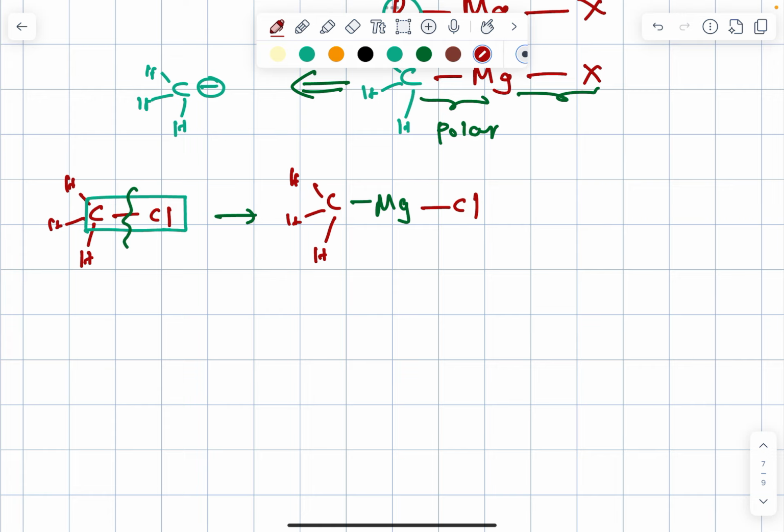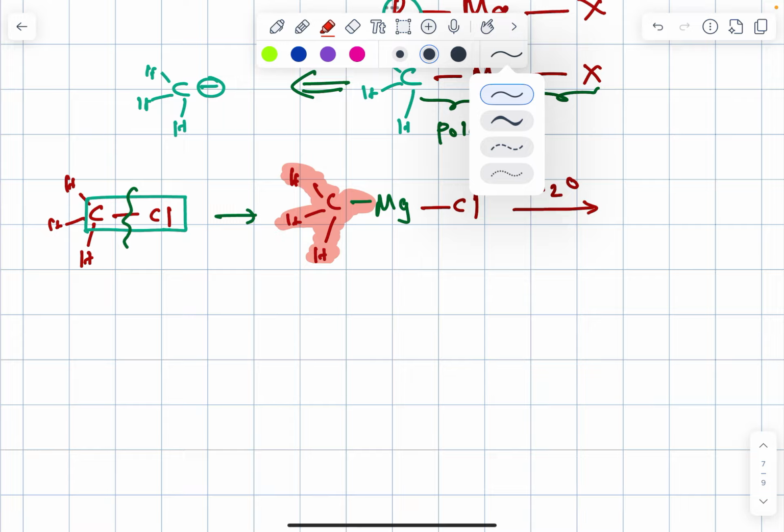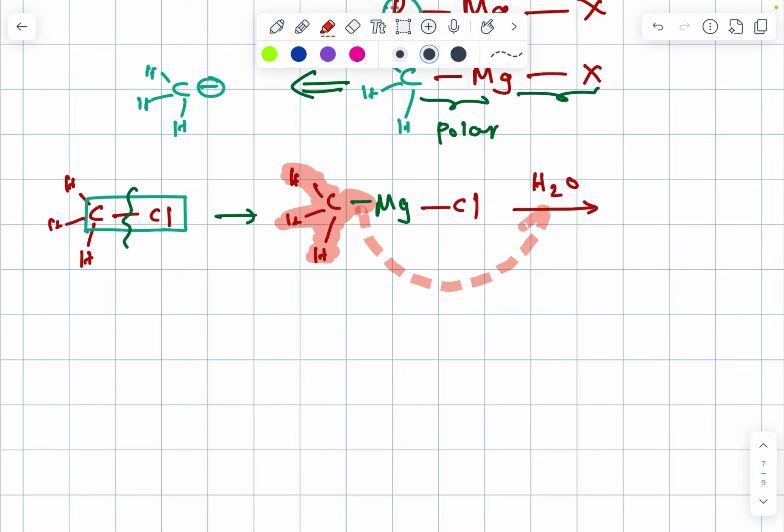Once I have the methyl magnesium chloride, I treat it with a water molecule. What will happen? This particular area of the methyl magnesium chloride totally acts as a nucleophile, and this nucleophile is going to attack the proton source.